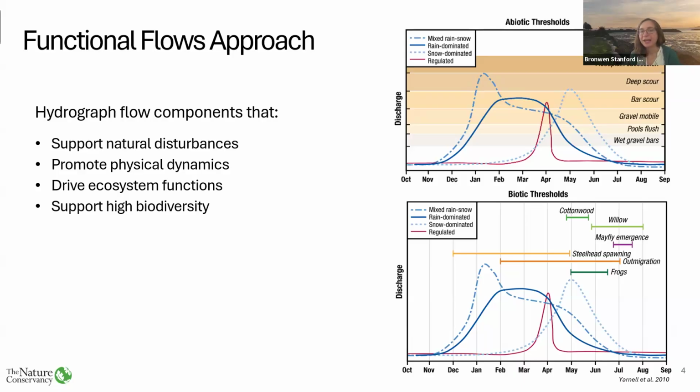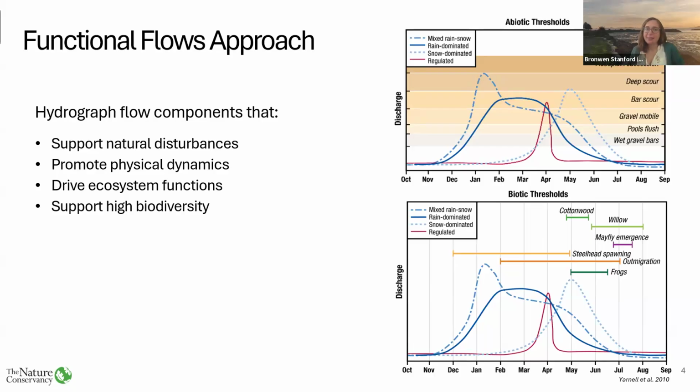And the exact pattern of these functional flows and the types of flows that you would expect in a system is going to vary a lot depending on the type of river or stream you're in. Is it large or small? Is it snow-fed or groundwater dependent? Is it in the really wet part of the state or a really dry part of the state?